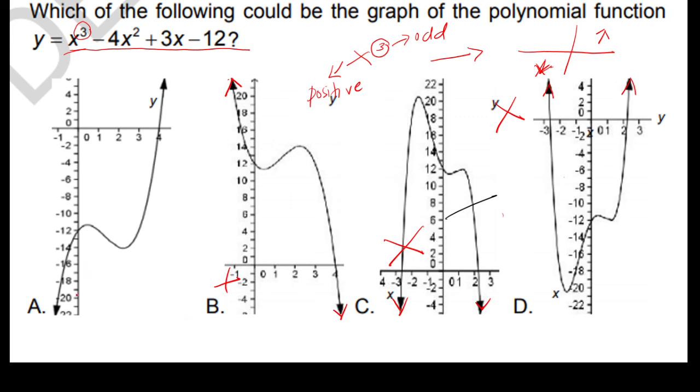Which leaves us to letter A. Let's look at letter A. Its end behavior is rising to the right, and its left hand is falling to the left. Right? So, the correct answer here is A.